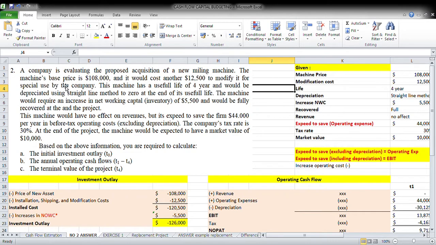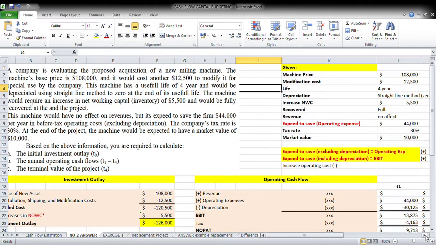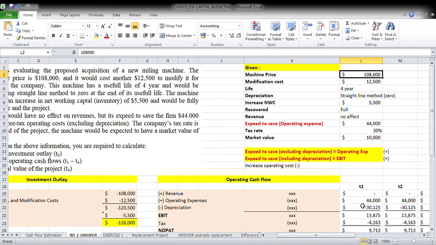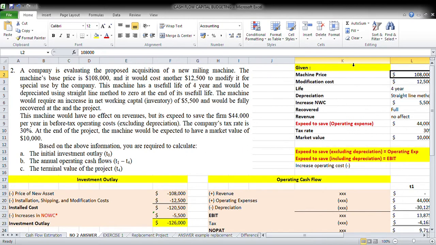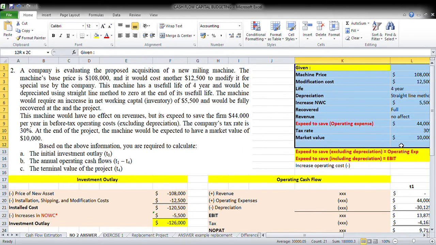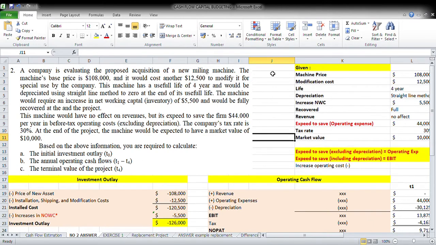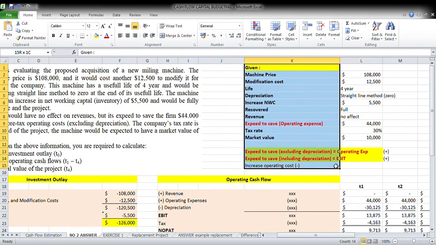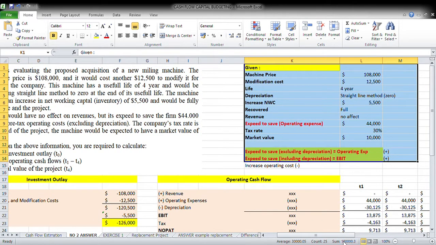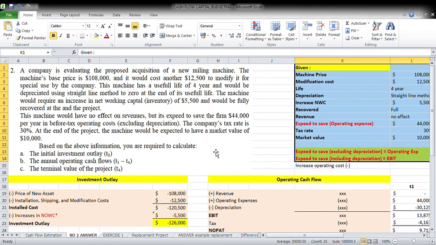The machine base price is 108,000, meaning the machine price. So you should write the given like this. This makes it clear for you to understand what is given in the question.